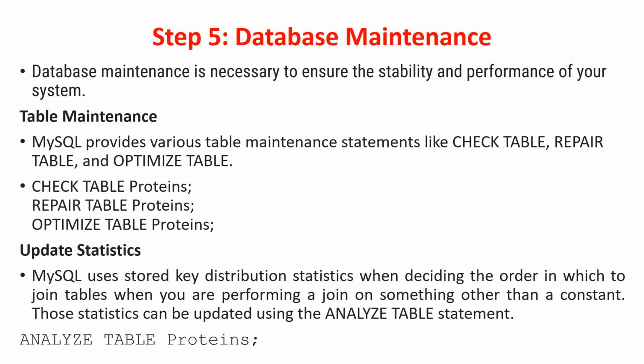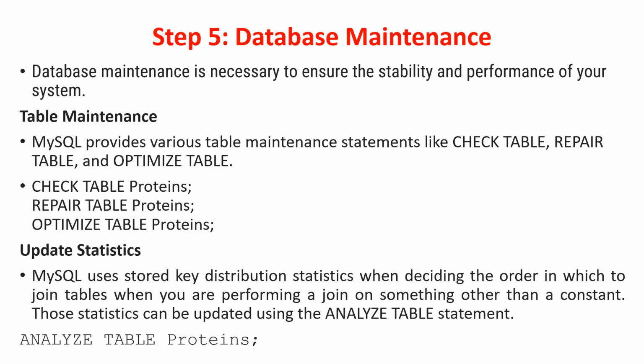When you are using these table maintenance statements, you end with the name of the table you are trying to maintain. You put the table maintenance statement and the name of the table you are trying to maintain. For example, for CHECK TABLE, you put the name proteins beside it and end with a semicolon.